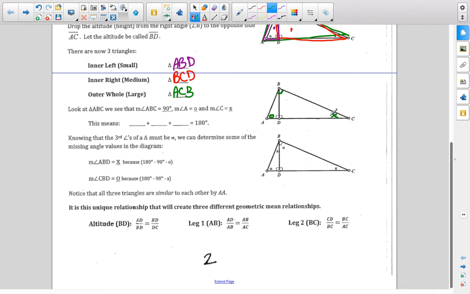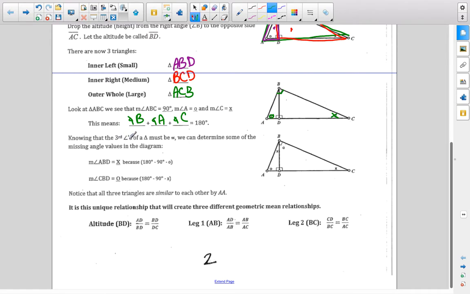Now remember, similar triangles have the same measure of their angles. This means that angle B, plus angle A, plus angle C equals 180 degrees, because it is a triangle.